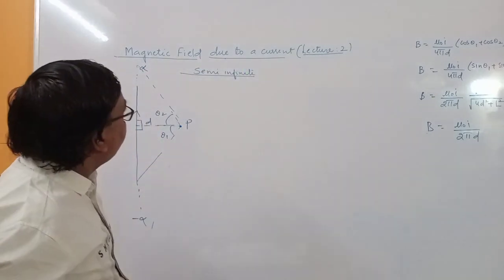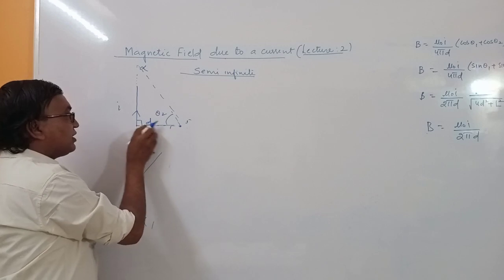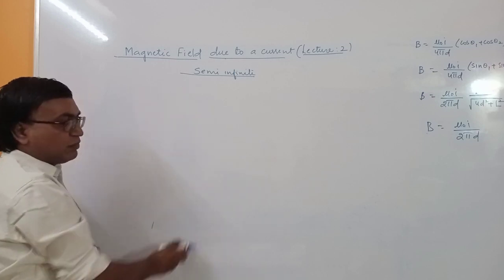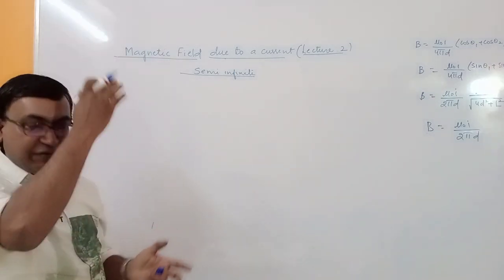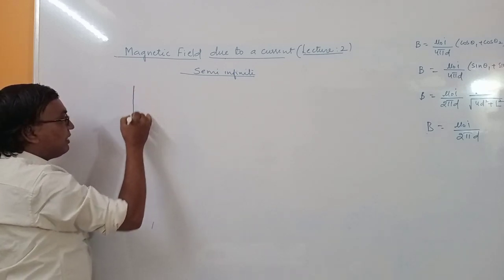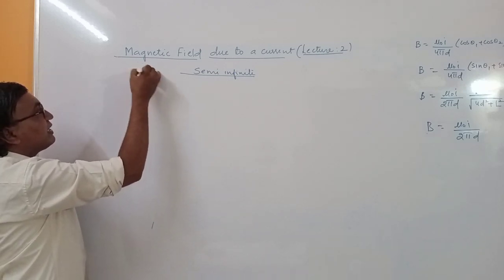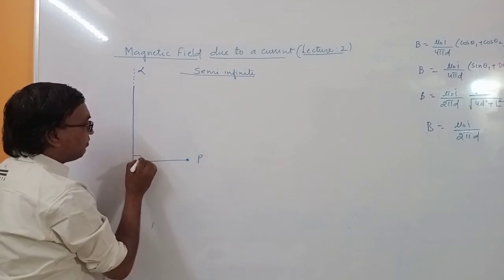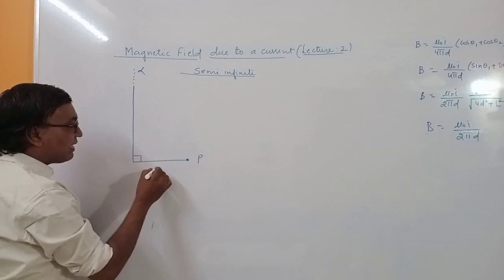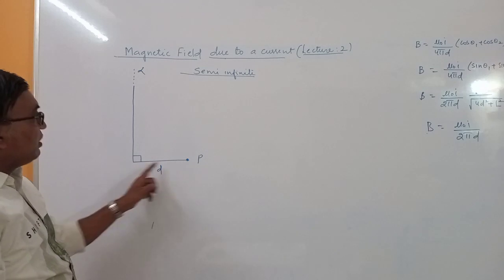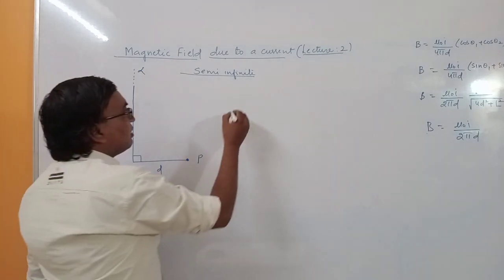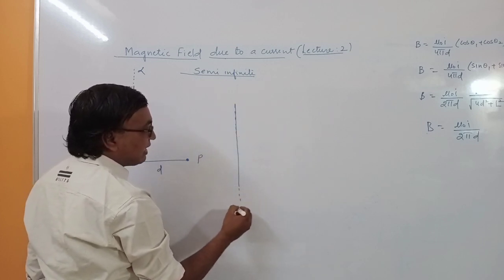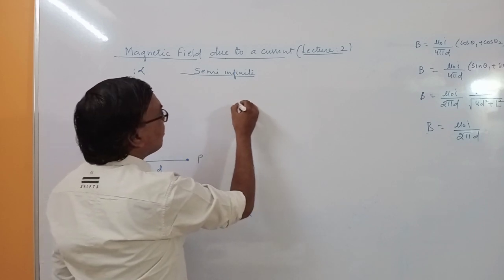Semi-infinite means this part is not there, or you only have half of that part going to positive infinity or half of the part which is going to negative infinity. तो यहाँ पे वायर ये इधर इन्फिनिटी की तरफ जा रहा है and you have to find out the magnetic field on the perpendicular line to the wire at distance d. ओके, तो ये परपेंडिकुलर है, यहाँ पे निकालना है. और सेकेंड केस you can take the other part of the wire. दूसरा पार्ट जो है ये इस तरफ जा रहा है माइनस इन्फिनिटी. Then here point P.